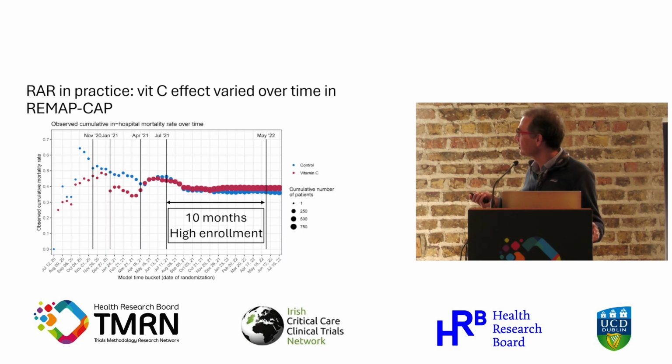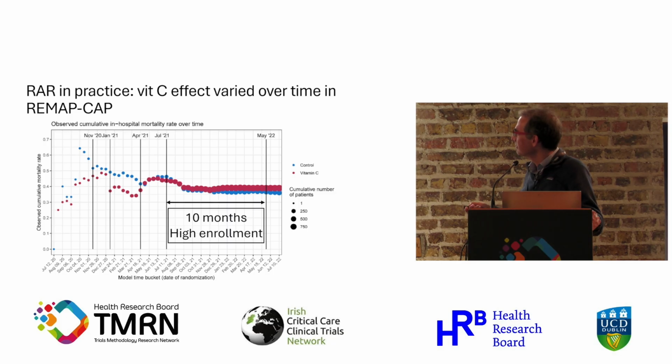And this actually led to a situation in the vitamin C REMAP-CAP domain where vitamin C was looking good initially, this is in red compared to blue, but then midway through it sort of flipped, and vitamin C looked like it was harmful relative to control, which is ultimately what the trial found.